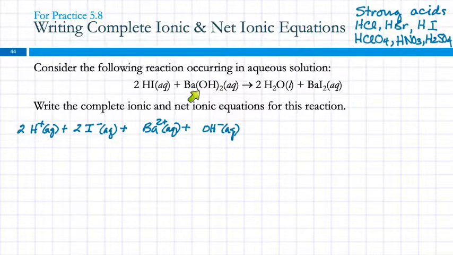From this formula, how do I know that the ion here is hydroxide, OH-? Because I should recognize these ions, right? In Chem 1A, ionic compounds always contain 2 kinds of ions. One cation, one anion.